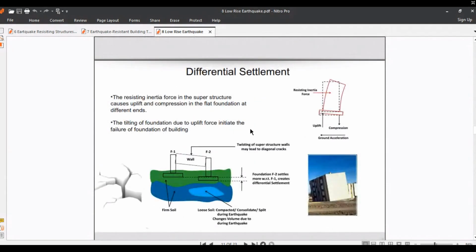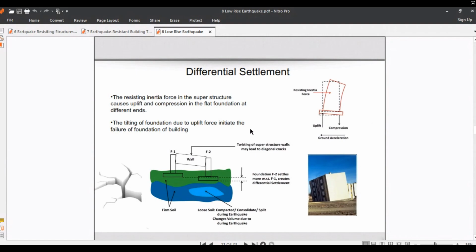This slide shows differential settlement. The resistant inertial force in the superstructure causes uplift and compression in the flat foundation at different ends, as shown in these shapes.